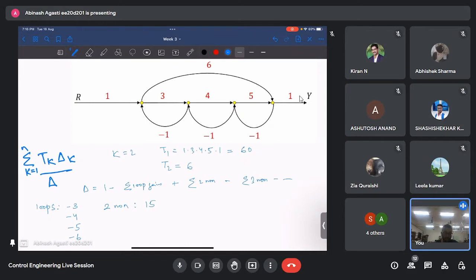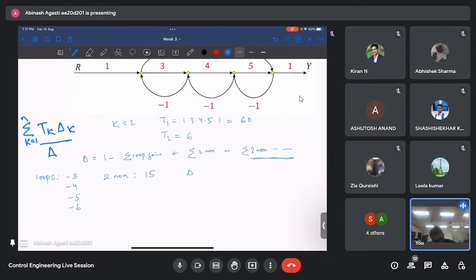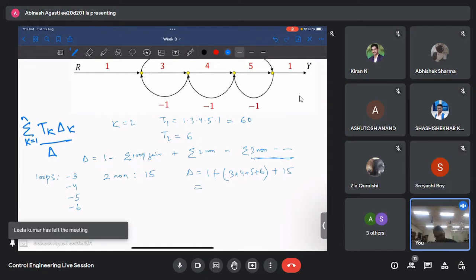And since we have only 2 non-touching loops, we cannot have 3 non-touching loops. So these parts will be 0. So now we'll have delta is equal to 1 minus 3 plus 4 plus 5 plus, this will be minus of minus, so plus 6, then plus 15, right? So we have delta is equal to 34.